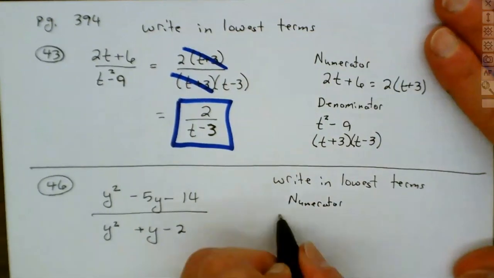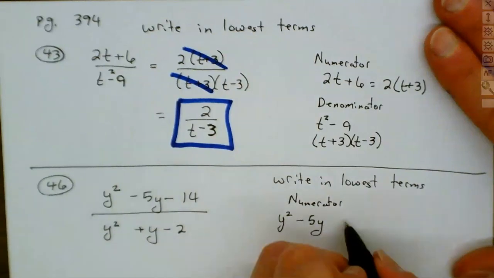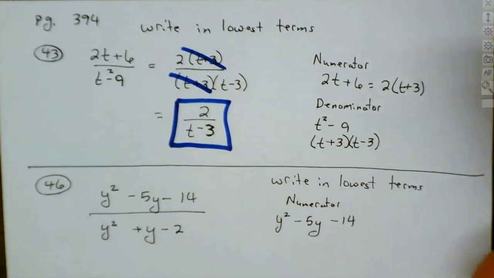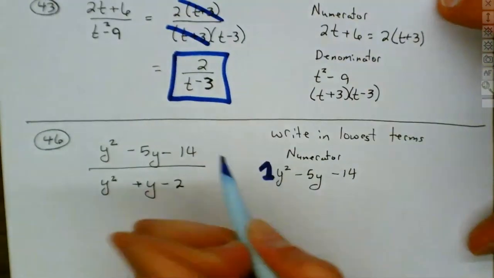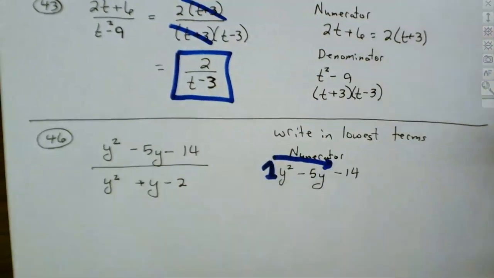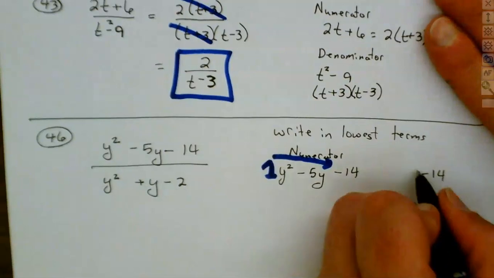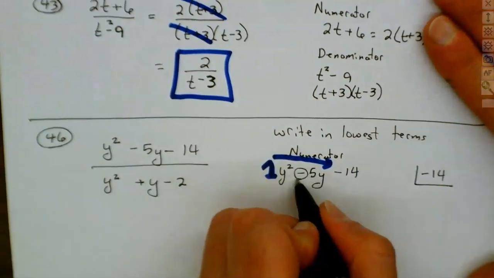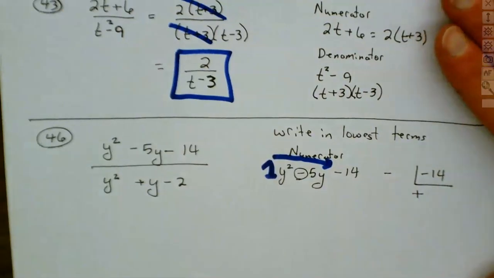And the numerator, we have y squared minus 5y minus 14. So we need to factor this, so we put our 1 in front. And by the way, these should factor nicely. Everything should factor out nicely. 1 times a negative 14, well, that's a negative 14. Sign in the middle is negative, so that means larger number is negative, smaller number is positive.